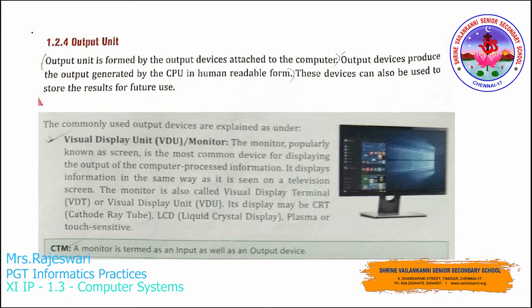So this is how an output device will display everything. Got it? And these devices can even be used for storing the results for your future use also. So let us discuss a few output devices that we use nowadays.